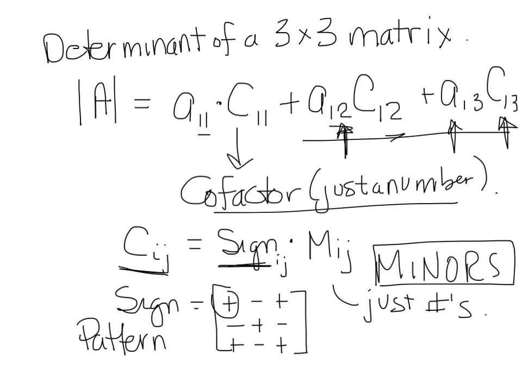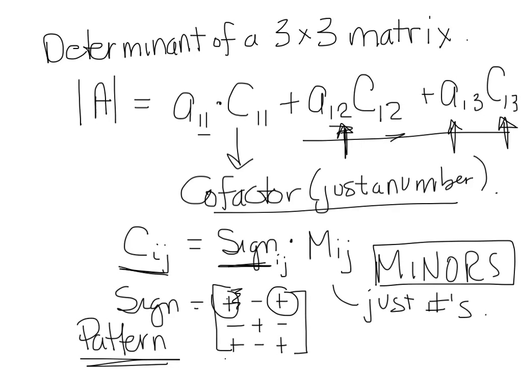The sign comes from a sign pattern matrix, where it's just composed of plus, minus, plus, minus, plus, minus, plus, minus, plus. So that is the sign pattern for a 3 by 3. And all you have to do is memorize that. So for example, if I want to know the sign for the 1,3 cofactor, first row, third column, it's a plus.